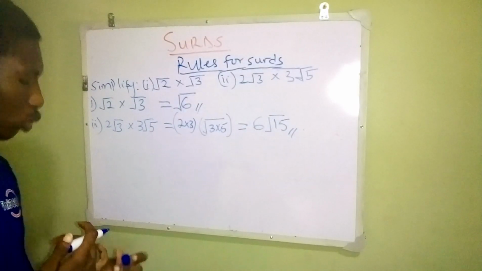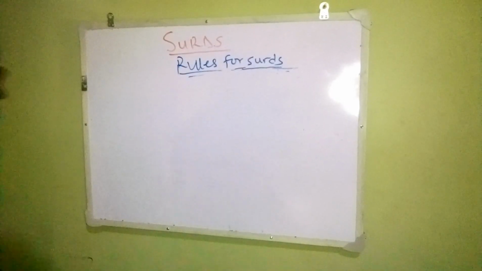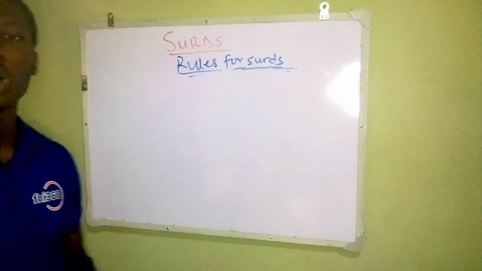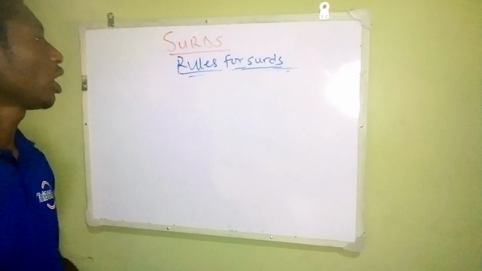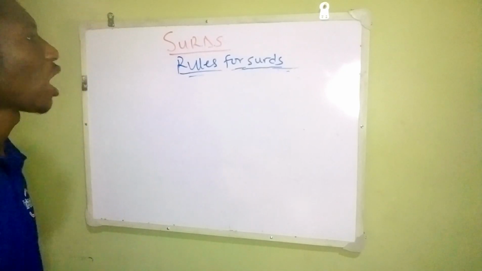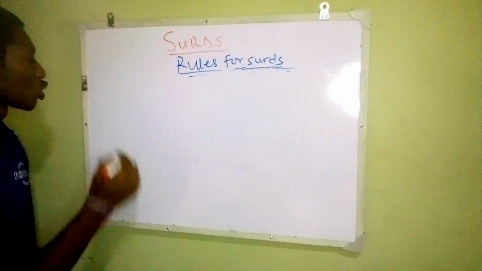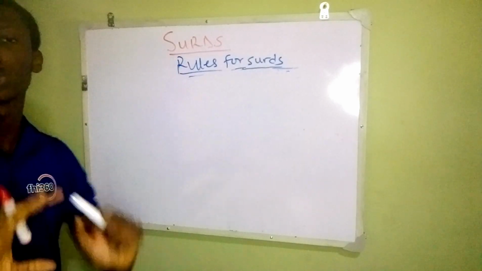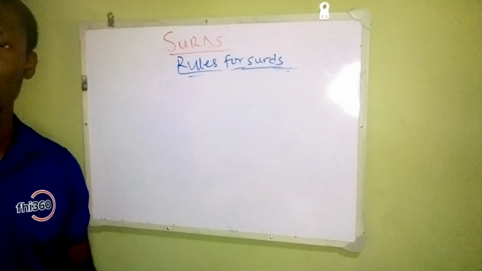So let's look at the fifth and the sixth rule. Now, before looking at the fifth and the sixth rule, there is something I would like us to know. Whenever you have surds involving multiplication, the terms within the square root must not necessarily be the same.